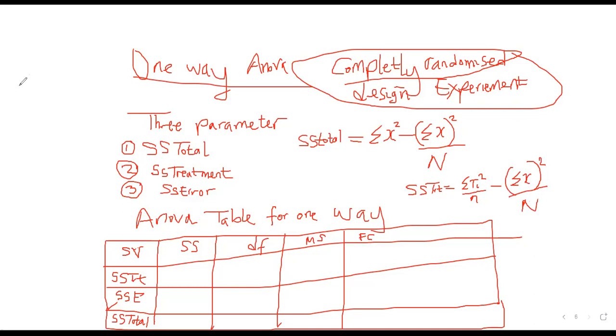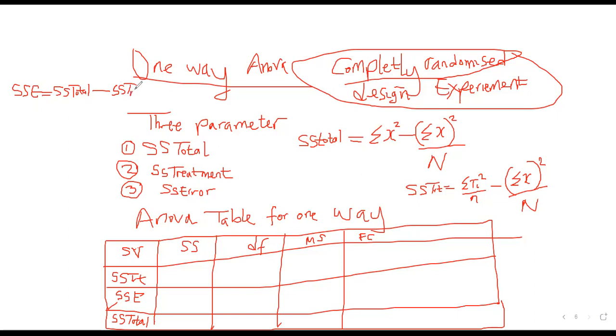So now sum of square of error is equal to sum of square of total minus sum of square of treatment.